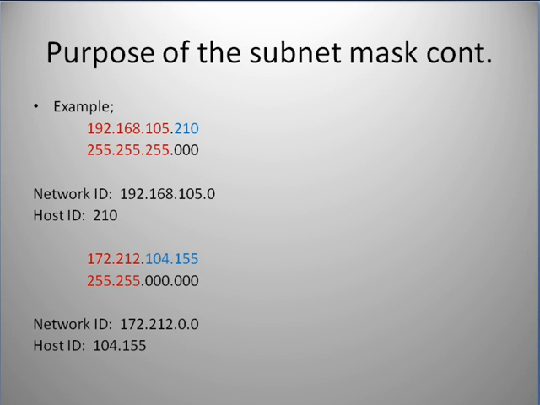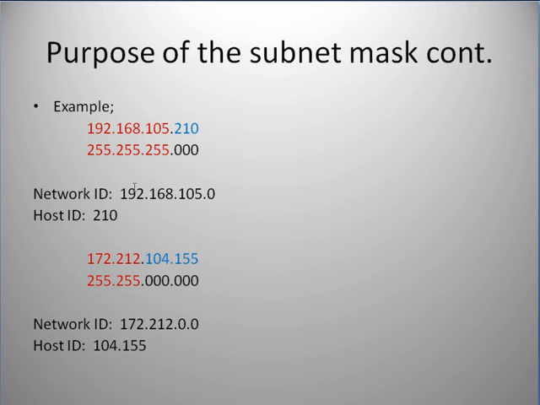So, to give you a basic example, which would be a little bit easier, if we look at the IP address 192.168.105.210, this is a basic Class C address. We'll take a look at the default classes here in a second. And a default Class C address has a subnet mask of 255.255.255.0.